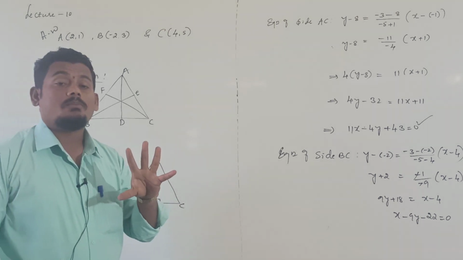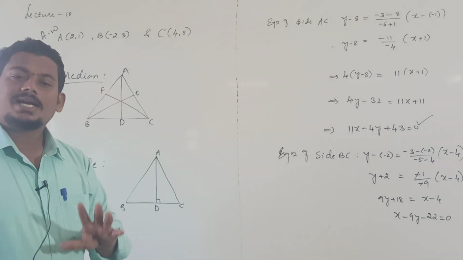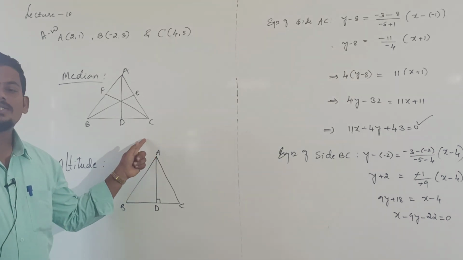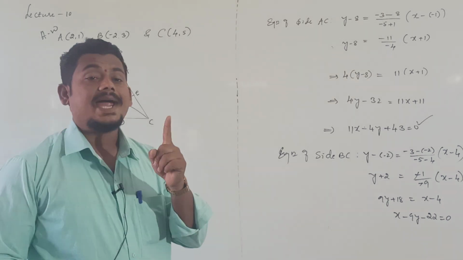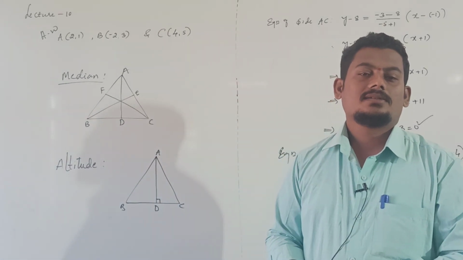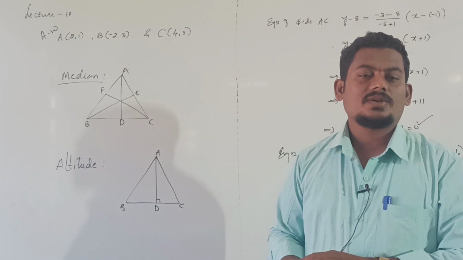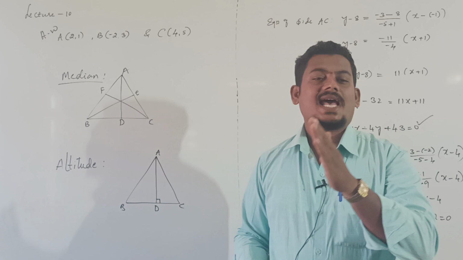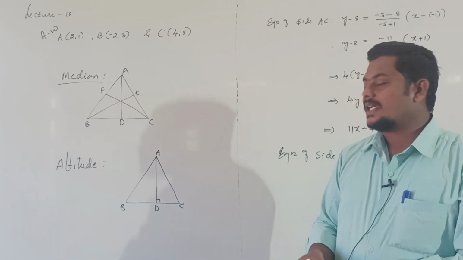D may or may not be midpoint, but the condition is, a straight line passing through one vertex and perpendicular to opposite side is known as altitude of the triangle. Once again, definition of altitude: a straight line passing through one vertex and perpendicular to opposite side.